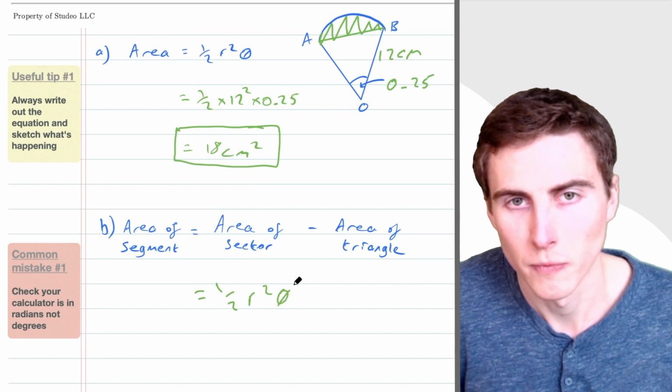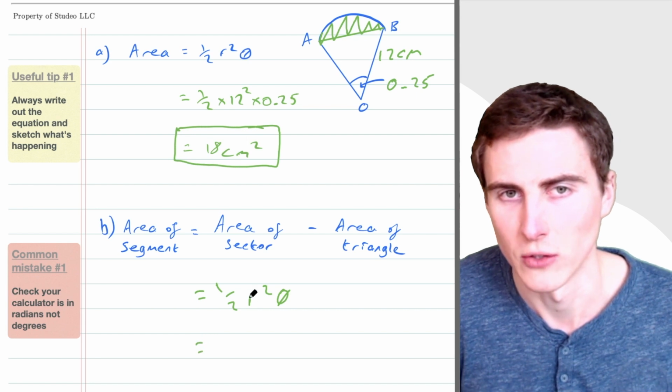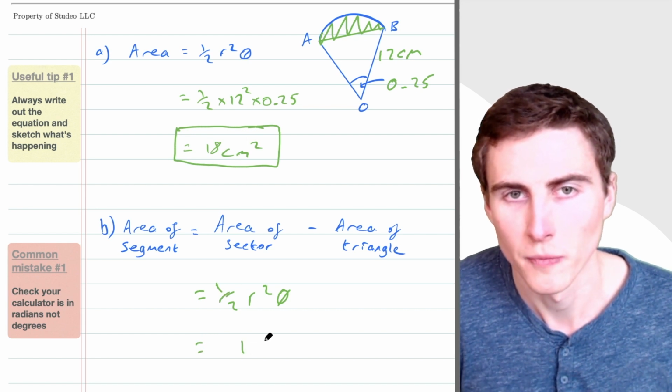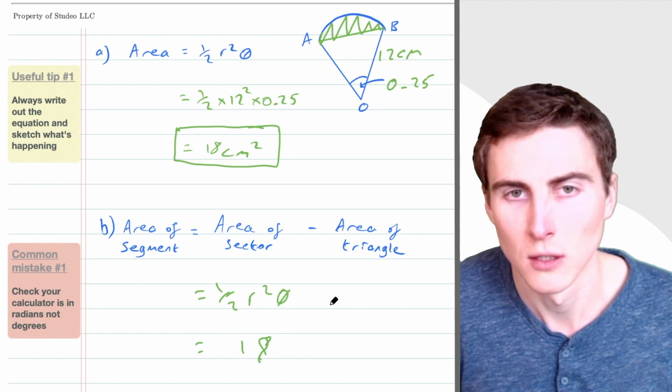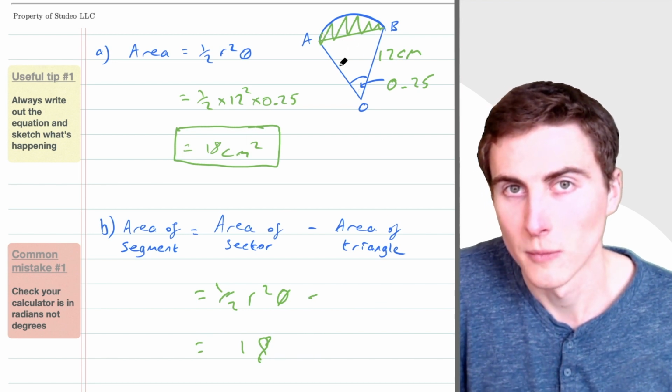We just worked that out to be 18, so we don't really need to write out this formula, but I just wanted to show you. That's 18. And then we have to minus the area of this triangle here.